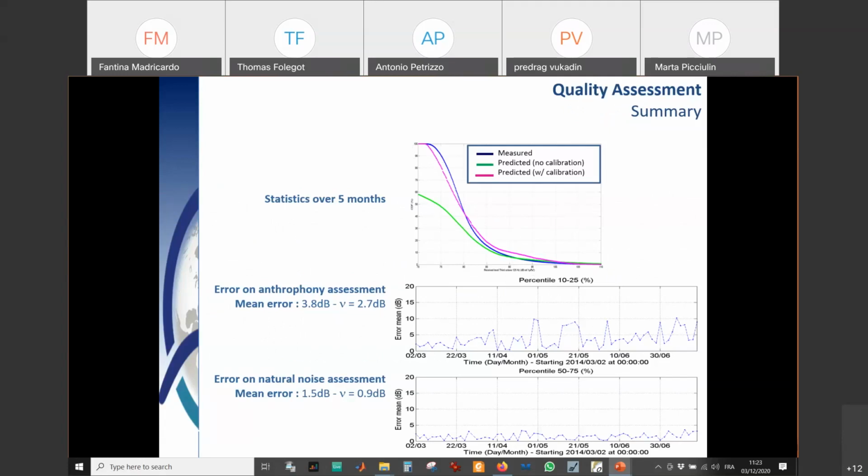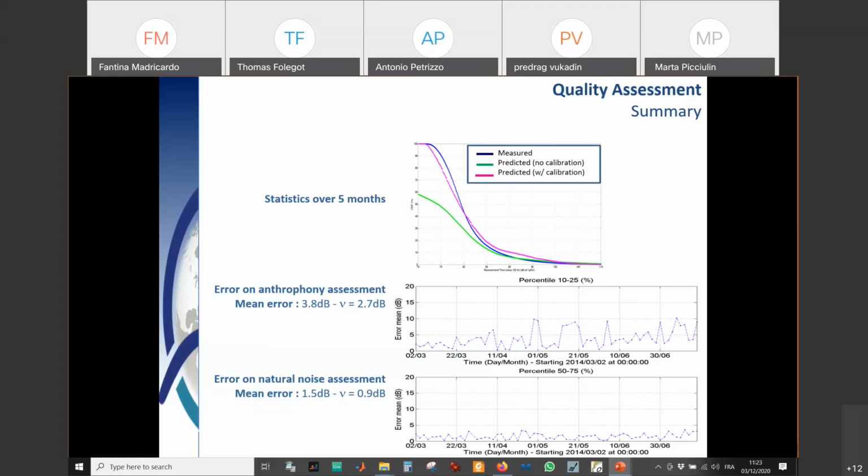We never reach zero, a perfect agreement, because there are still other uncertainties in the marine environment, like the sound speed profile. There are some uncertainties in the description of the temperature and salinity, of course. There are uncertainties in the source levels of the vessels.